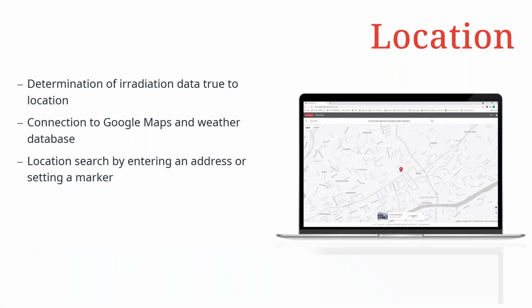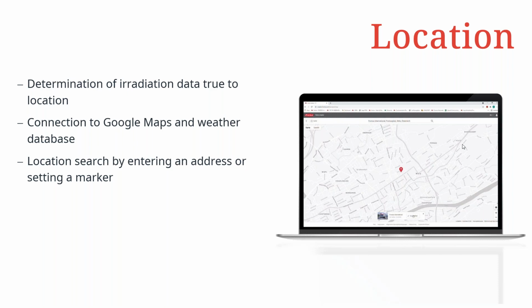So let's have an overview of the features that are integrated into the Solarcreator. There are quite a number of features that will help you greatly to design your PV systems. One of these key features is the determination of the location where the system is going to be installed. When you're designing the system in the Solarcreator, you have to define a certain location.